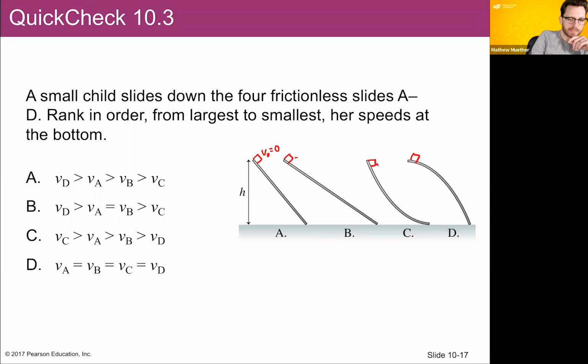In all cases, it starts at rest. They're going to end up with some velocity at the bottom of the ramp, and I want to think about the speed, the magnitude of that velocity, when the object gets to the bottom. How does the speed compare for the box or the child that slides down these different slides as they get to the bottom of the ramps?